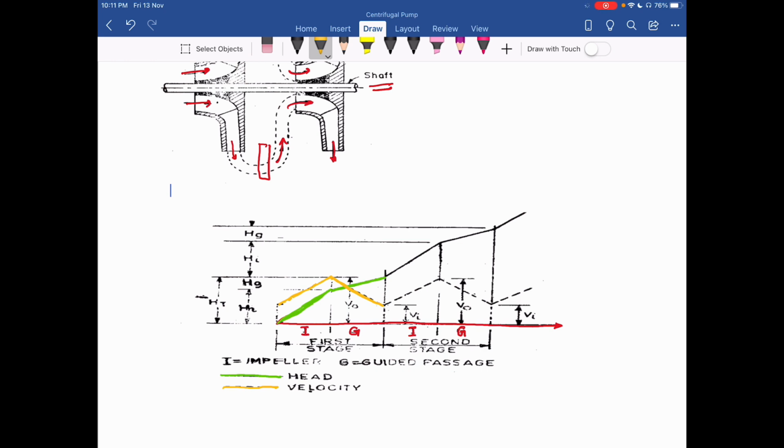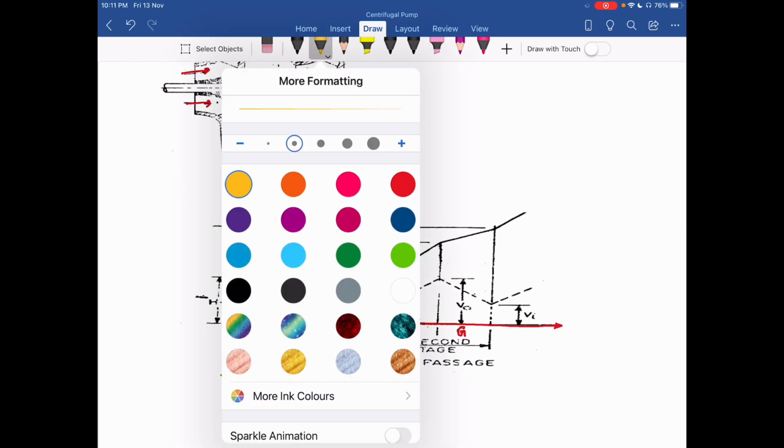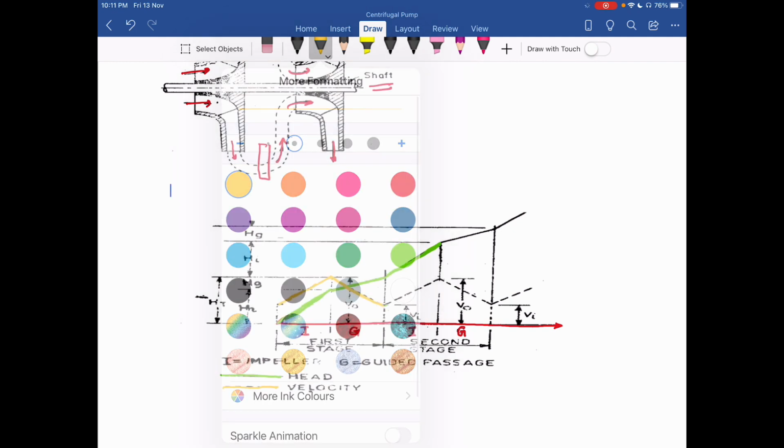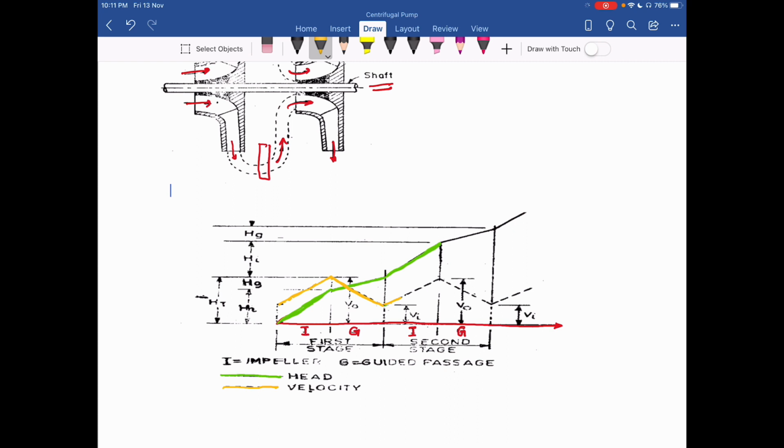Okay, and then again water enters the next impeller. So when it goes to the next impeller, again there is a rise of pressure head and there is a rise of kinetic head. Okay, then water goes to another row of guide vanes or a casing.